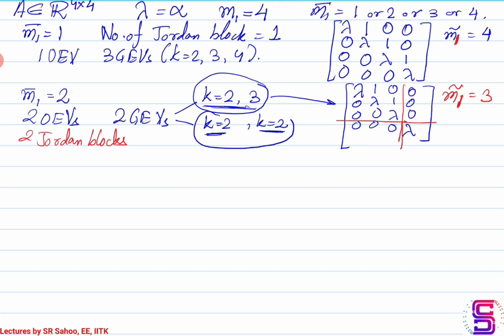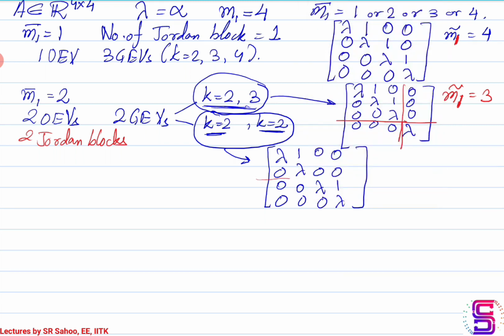In this case, the Jordan block would look something like this. This is the Jordan form that we'll have, and there are two Jordan blocks. Now, the number of Jordan blocks remains fixed, but what you see here, that the index of the eigenvalue is 2.